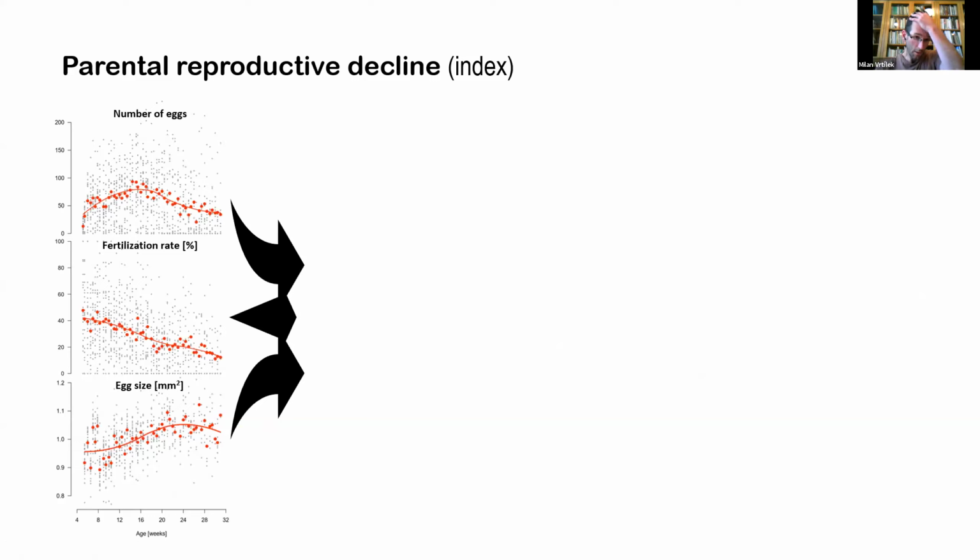To generalize this data, we attempted to put these three measures together, but it's typical only for the females, because males have little effect on the number and egg size in these fish.